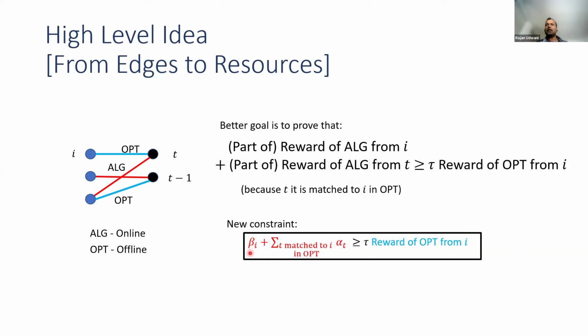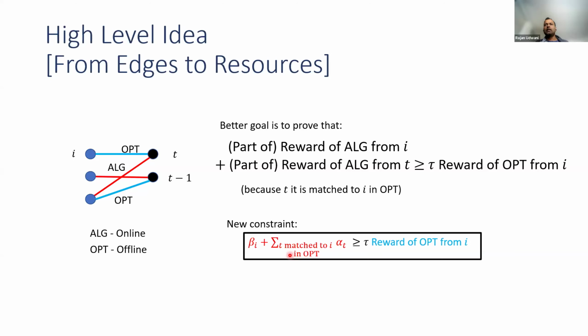And then we want to compare this kind of a pseudo reward with the reward that opt makes from I. So the interesting thing about this is that if the right-hand side is very high, so opt makes a high reward from resource I, then the left-hand side also would tend to increase because it also depends on opt. The set of arrivals matched to I in opt will become larger and larger as the right-hand side grows.